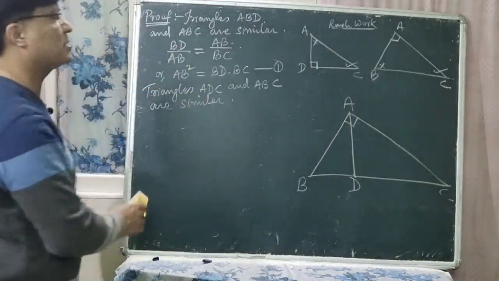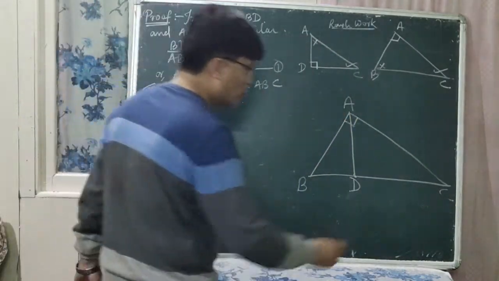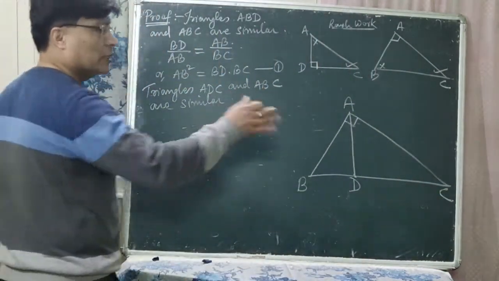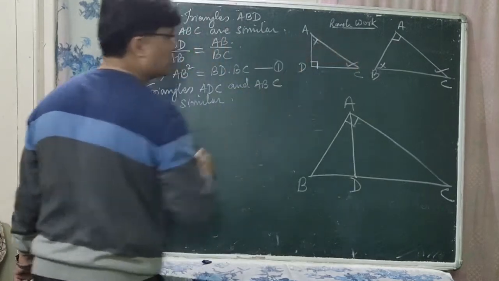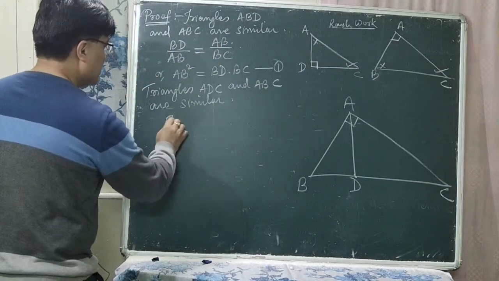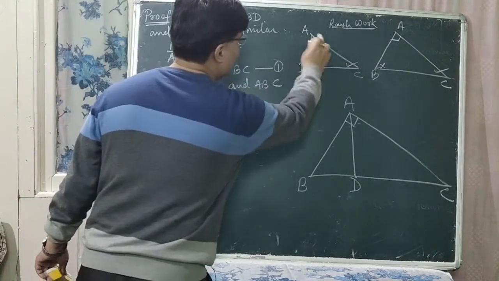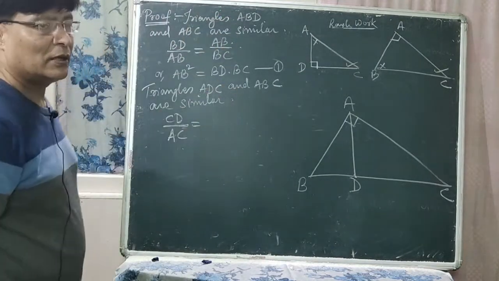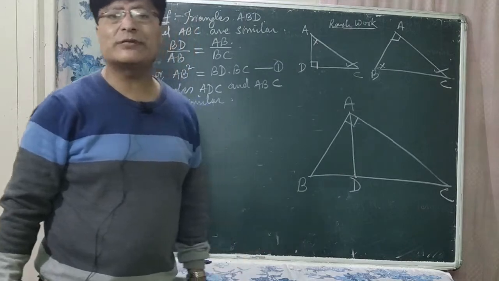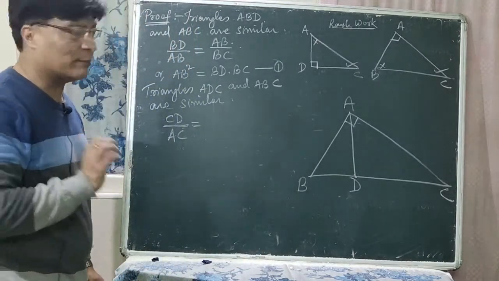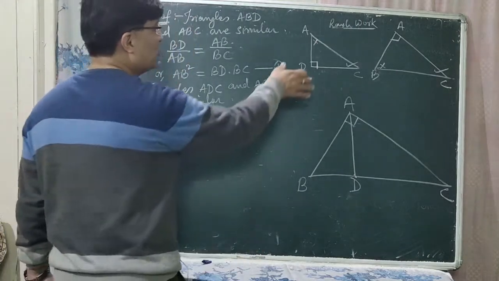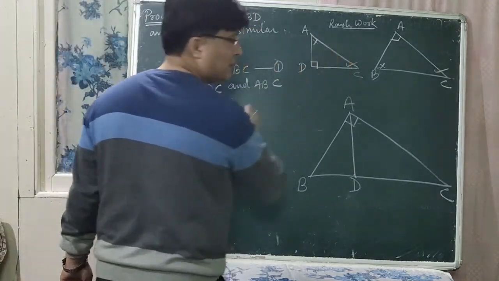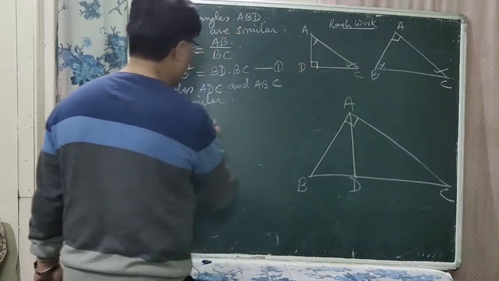So which sides will you take here again? Here also you should take base divided by hypotenuse. That is CD divided by AC, which is the hypotenuse here, is equal to, on the original triangle also you have to take base divided by hypotenuse. Since we have taken AC here, CD divided by AC as the hypotenuse.